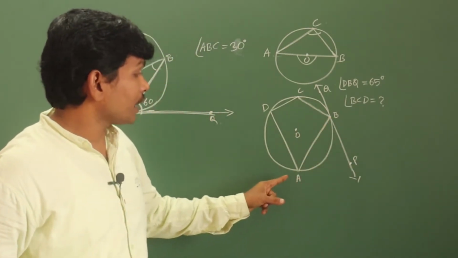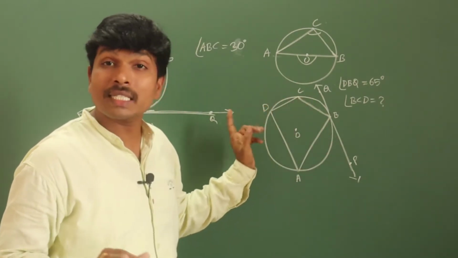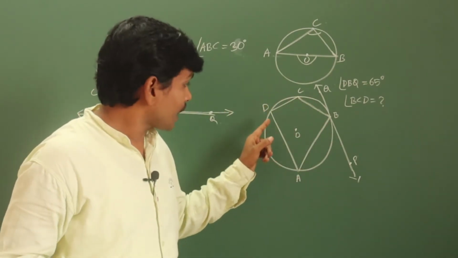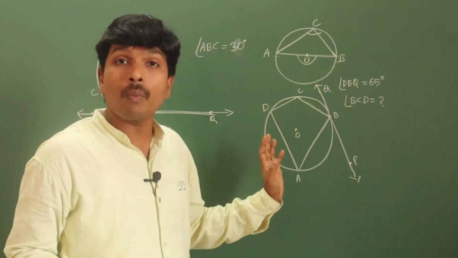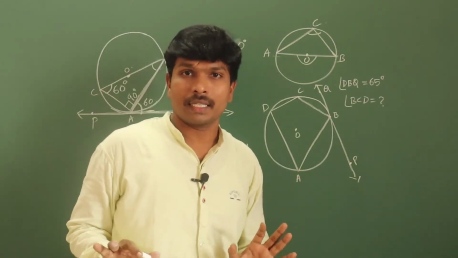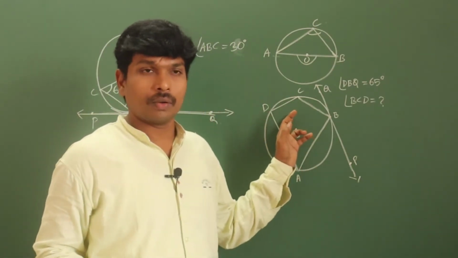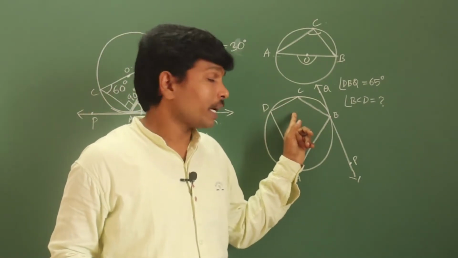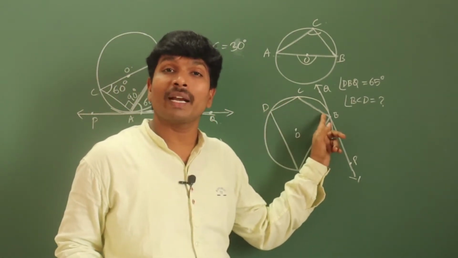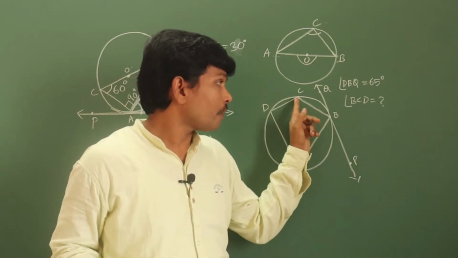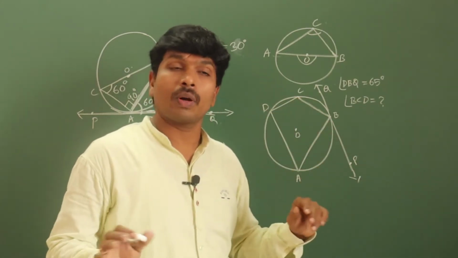And again one more thing is given: ABCD is a cyclic quadrilateral. In a cyclic quadrilateral, the sum of the opposite angles is 180 degrees. That also you know. Yes or no? Yes. In a cyclic quadrilateral, opposite angles are supplementary, which is nothing but the sum of the opposite angles being 180 degrees.